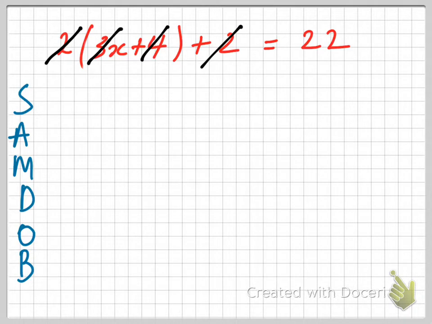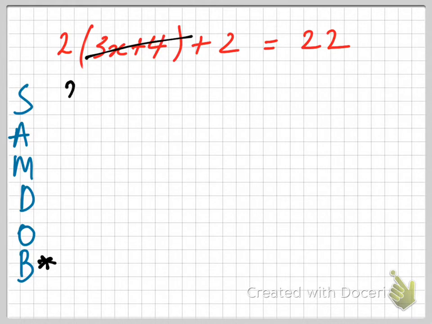But we need to ensure that the order is important. If we don't follow the order which SAMDOB helps us with, then we won't get the right answer. One thing I want you to bear in mind is that the brackets, which are on the bottom, should be last. Let's eliminate that. We don't want to even worry about what's inside the brackets.